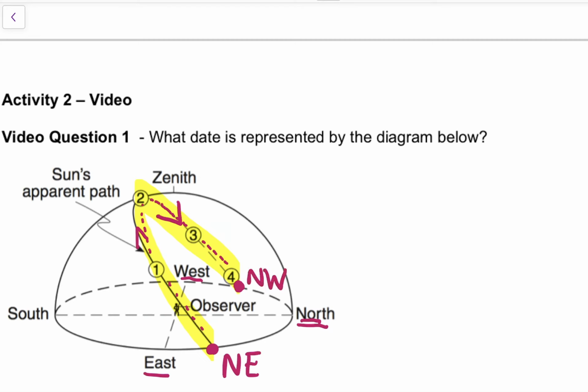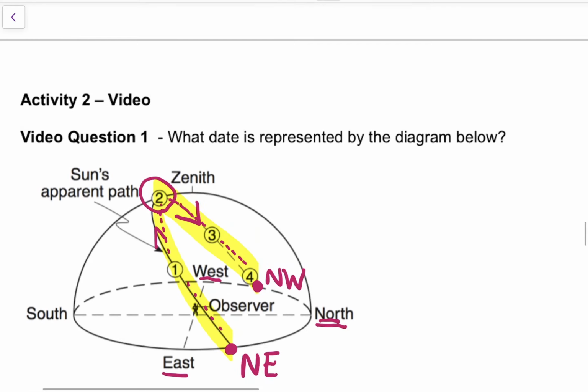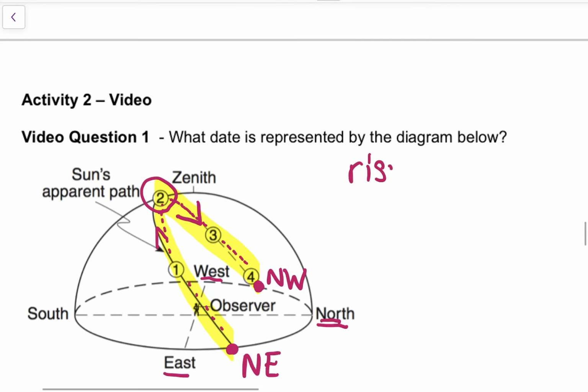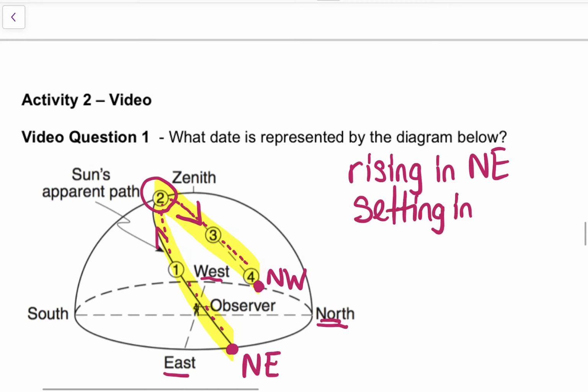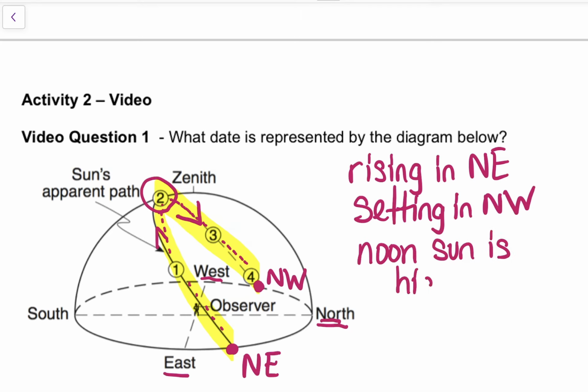If I also look at the sun at its highest point in the sky, we don't know the exact altitude, but it seems to look like it's pretty high in the sky. So if I look at this celestial sphere, I see that the sun is rising in the northeast, setting in the northwest, and the noon sun is high in the sky.